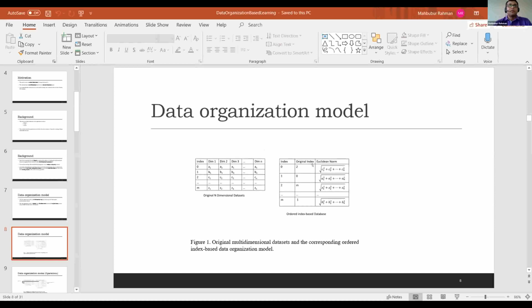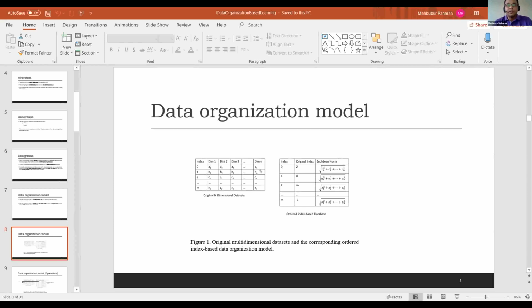Let's have a look at some of the organization of these two data sets. The first one is the original n-dimensional data set. That's just a conceptual view. The first column here is the index, and the rest of the columns represent the dimensional values of the multidimensional data.